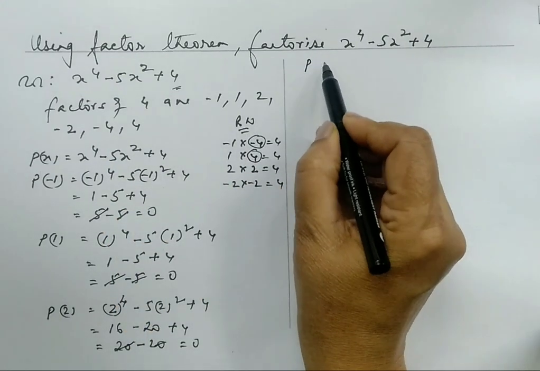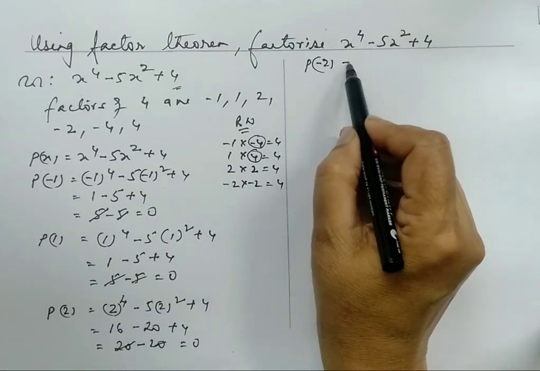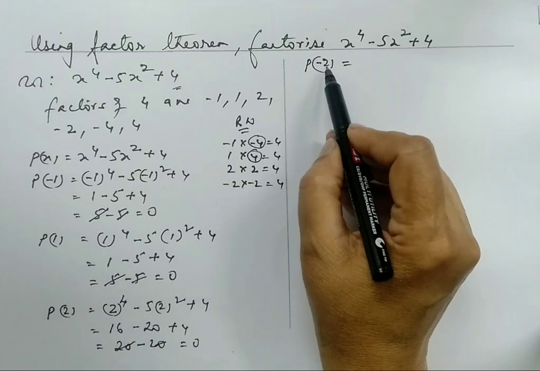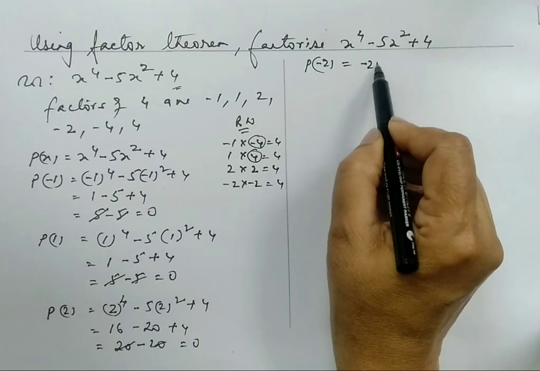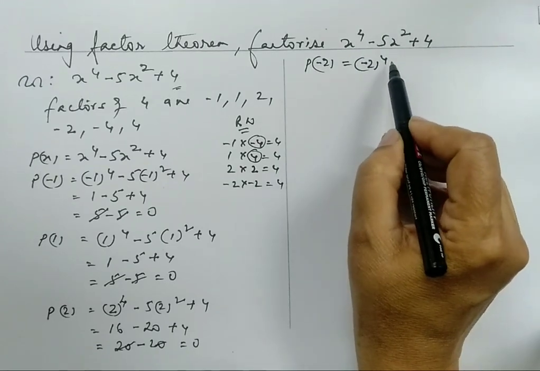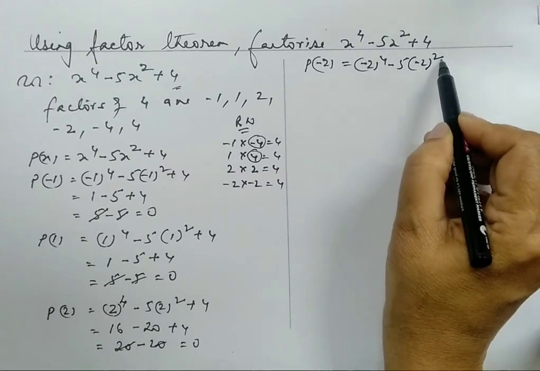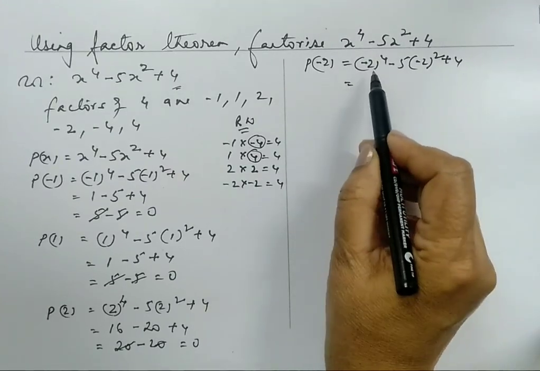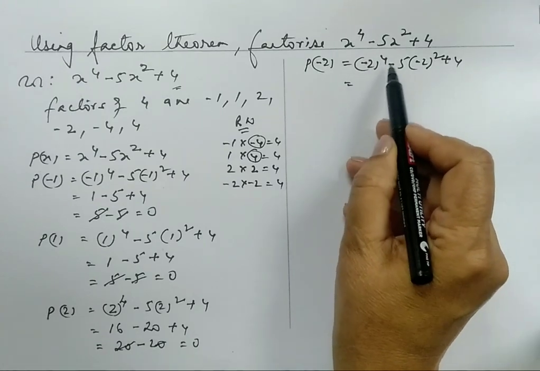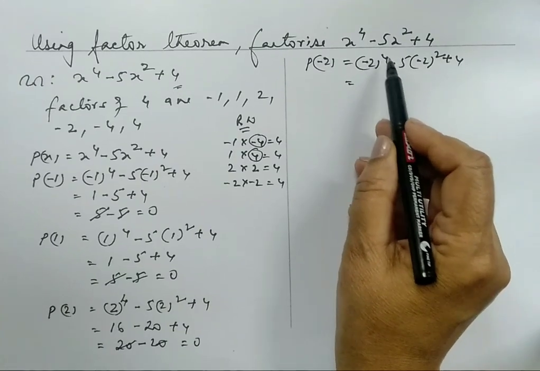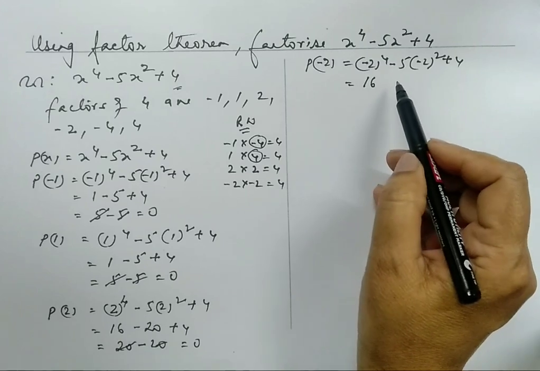So we have the polynomial having the value of x as minus 2. So we have minus 2 to the power 4 minus 5 times minus 2 to the power 2 and plus 4. Here we get what? Minus 2 into minus 2. Since I have said already this is an even power, so we'll get 16 here as positive.